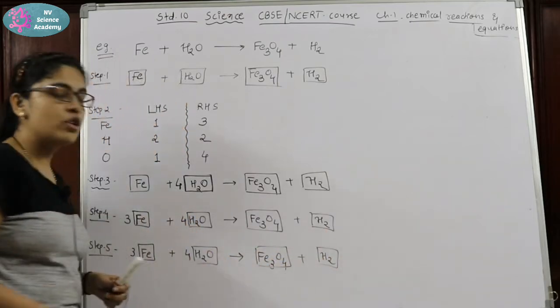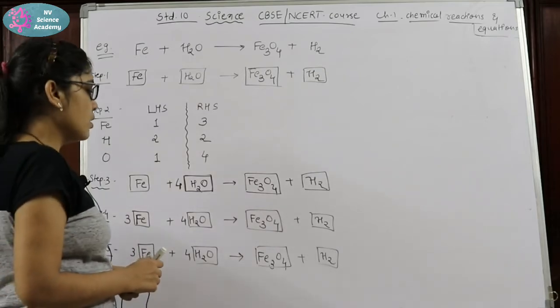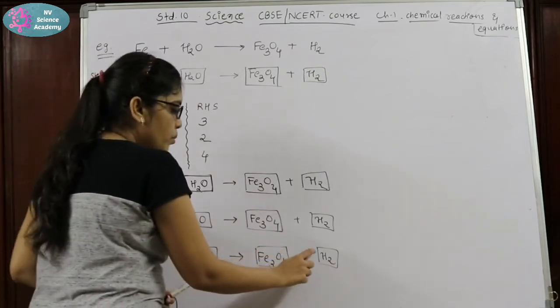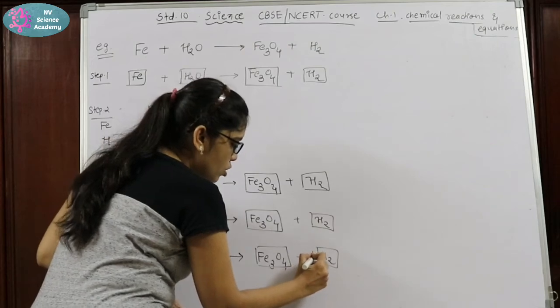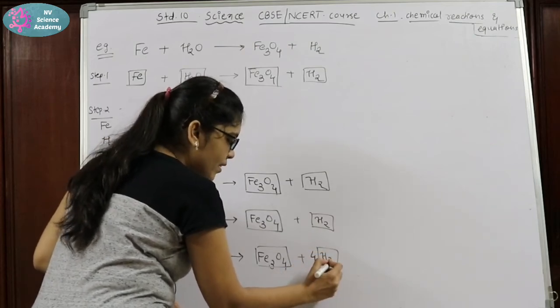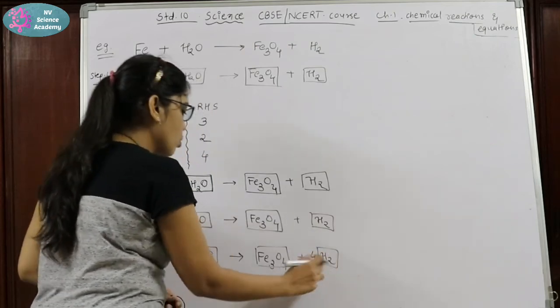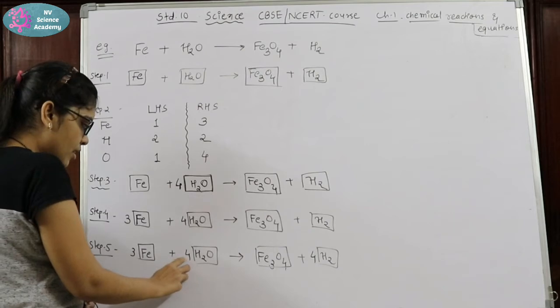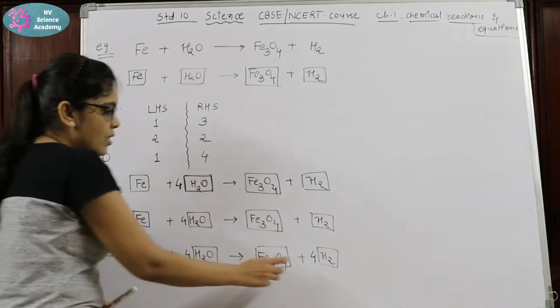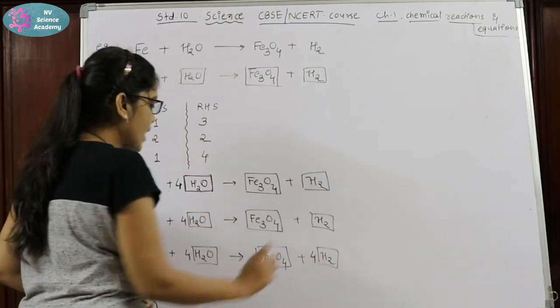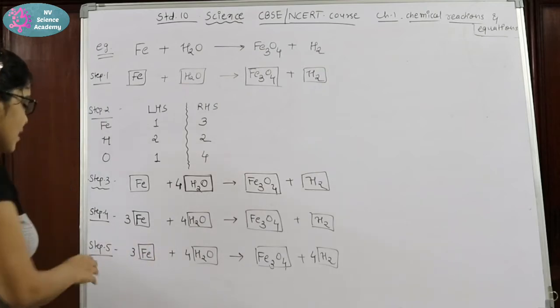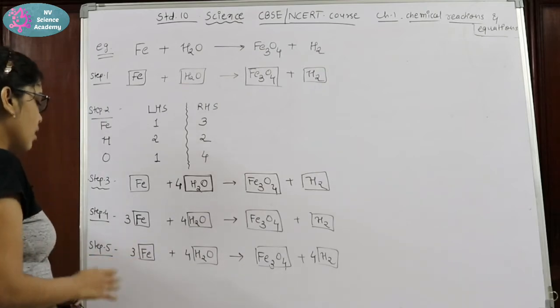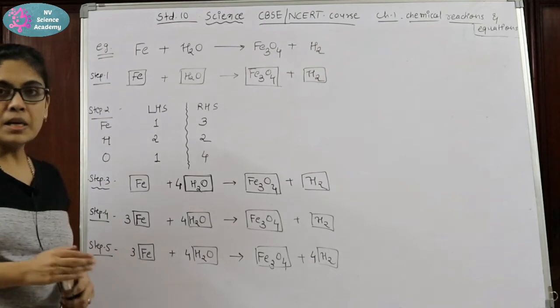So to make hydrogen atoms 8, we have to put 4 here. So 4 will multiply with 2 and make 8. So in this step 5, the number of hydrogen atoms is also balanced. Here it is 4 multiplied by 2, meaning 8. Here it's also 4 multiplied by 2, meaning 8. So you can see in this step 5, all of the elements are balanced.